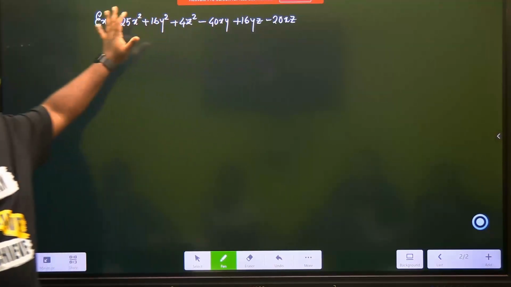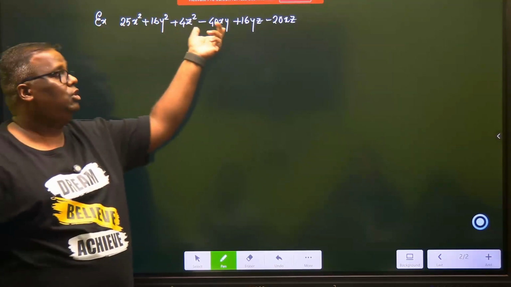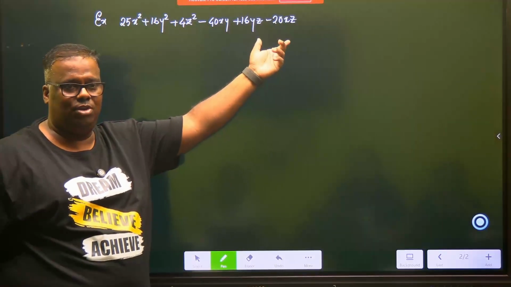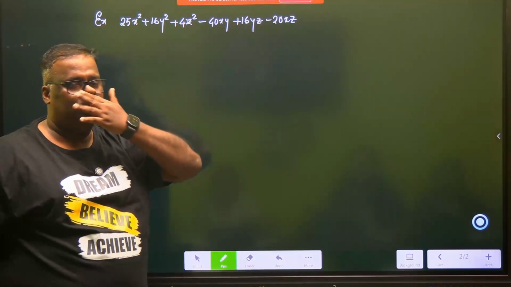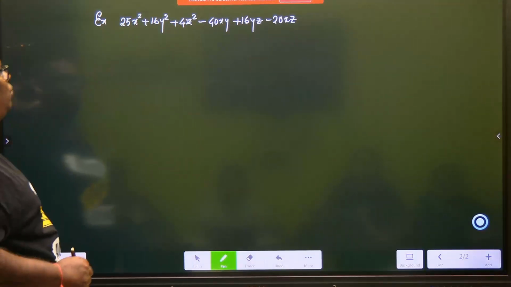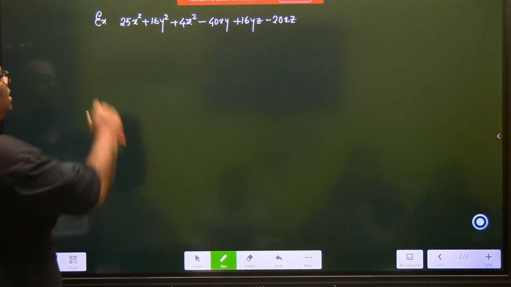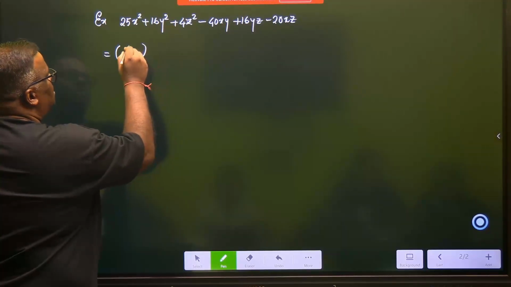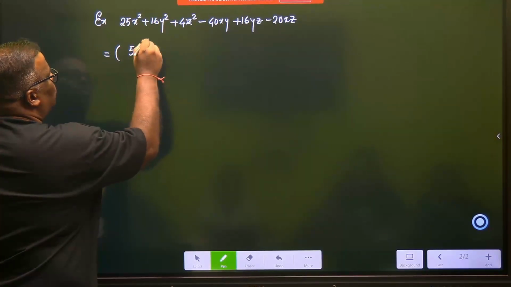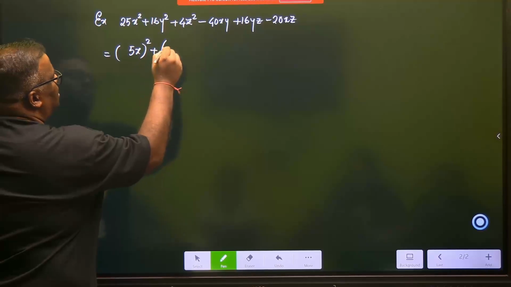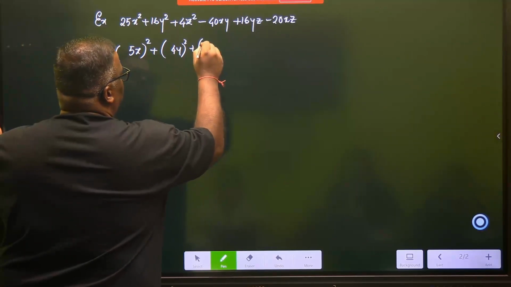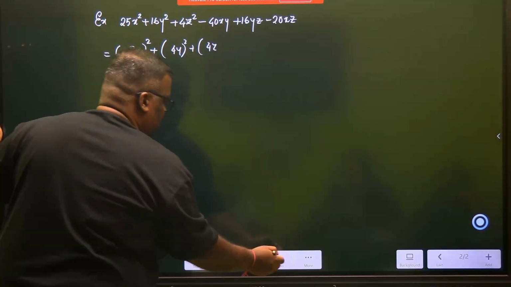If all were plus, then 2ab would have been positive, 2bc would have been positive, 2ca would have been positive. So we have to be careful here. I will not assign the sign immediately, I'll leave some space. So this is 5x whole square, this is 4y whole square, and this is 2z whole square.